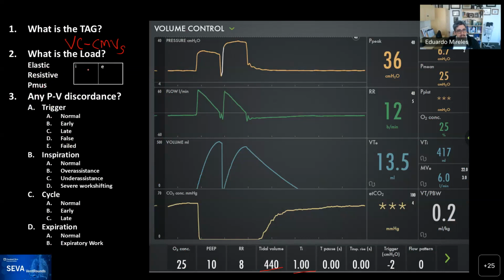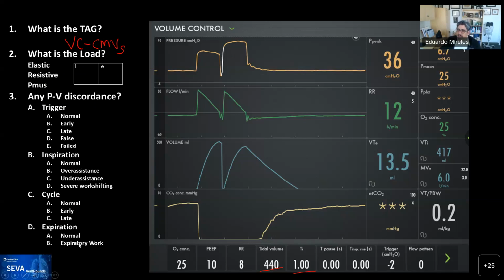If you see any evidence of PMUS during inspiration and expiration, what is the patient-ventilator discordance in terms of trigger, inspiration, cycle, and expiration? I'll give you a minute to observe, or actually 2 minutes. Take a look at this waveform, think about it, and please write what you think is the load during inspiration and expiration.